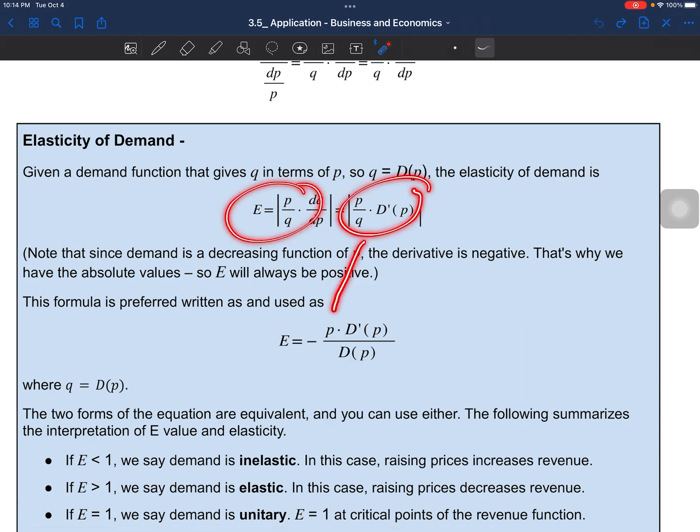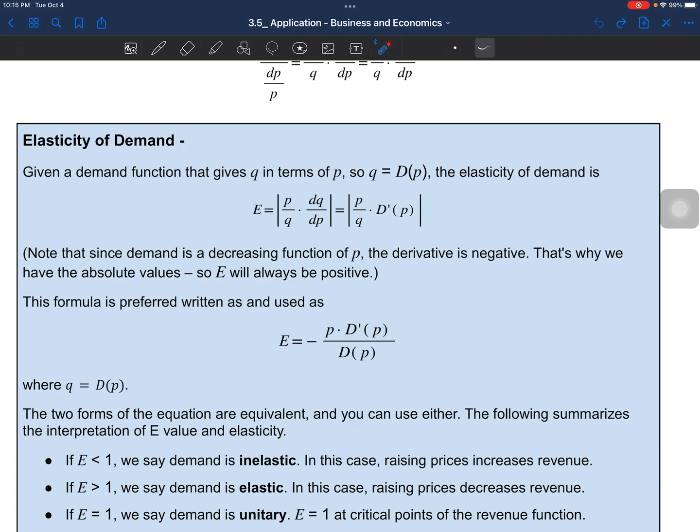So what I'm saying here is this elasticity function, this ratio, is the same as this ratio. That P is this P. This derivative is this derivative now. So we have derived an elasticity function, and we're assuming that we're going to be given this function and be able to take the derivative of it, and so on.